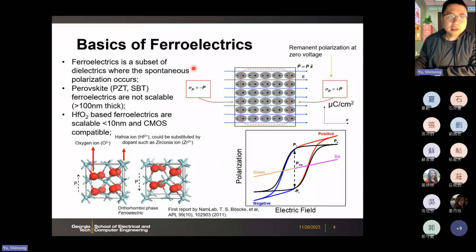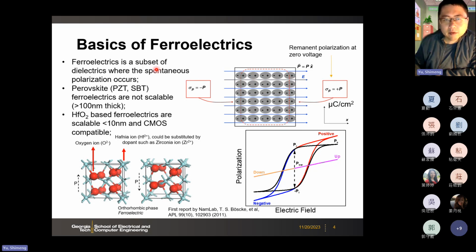So let's have some review of the basics of the ferroelectrics. This is from college physics. We have the dielectrics where we can have the ionic bonding between those atoms. And then when we apply the electrical field, those ions, the dipoles essentially, will be aligned with the electrical field.